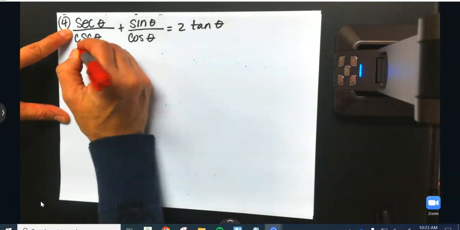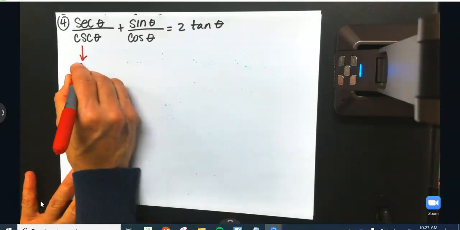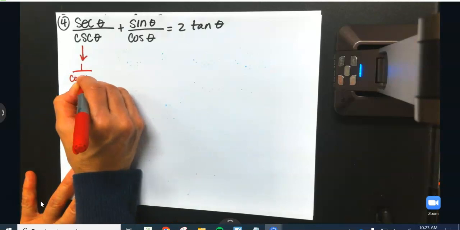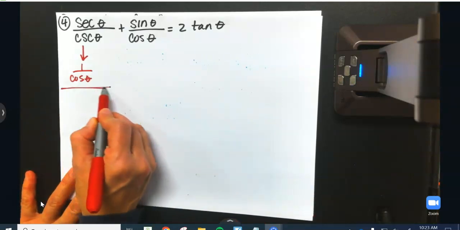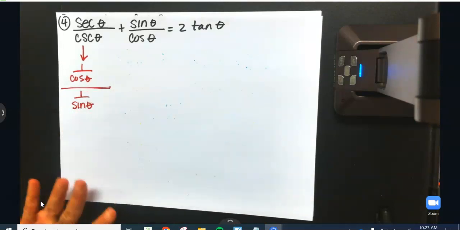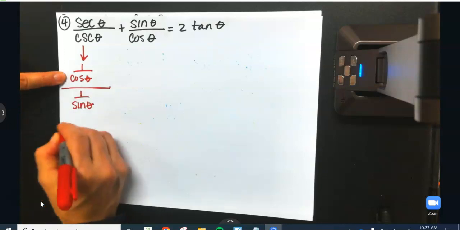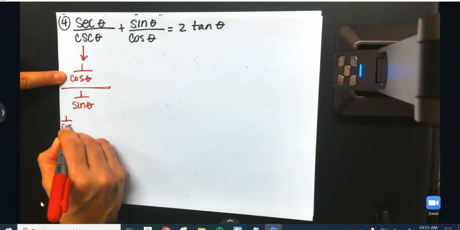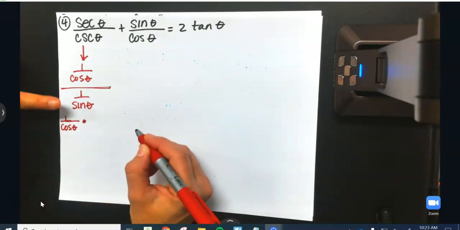So let me just focus on this fraction for a moment. Secant is 1 over cosine. Cosecant, the bottom, is 1 over sine. Let me flip this and see what happens. Change, flip.